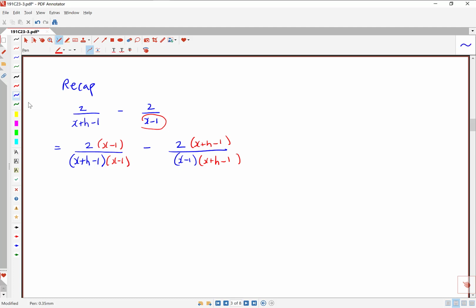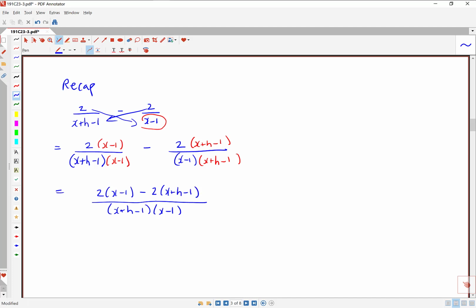Okay, now some people will do this all in one step, particularly when there's only 2 terms in the expression. They might just say, okay, I'm going to create the common denominator of x plus h minus 1 times x minus 1. And then the fast way to think about that is just cross multiplying. So you'd multiply these together, have 2 times x minus 1, and then you'd say, well, we have a minus 2 times this guy, x plus h minus 1.